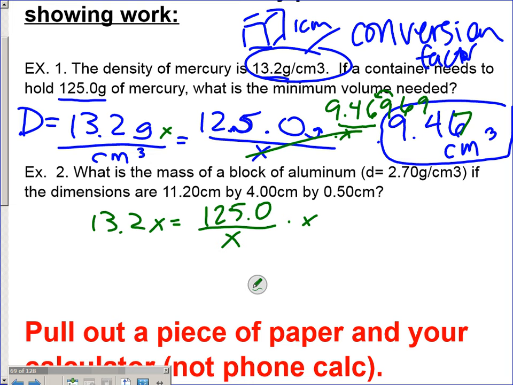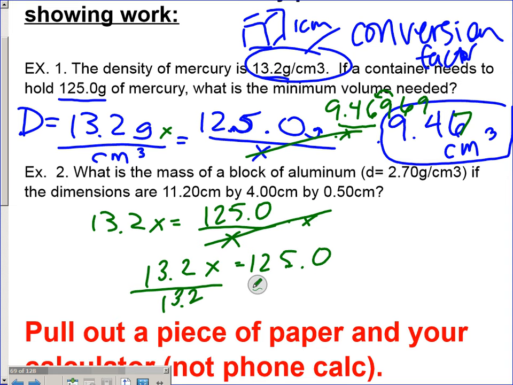Because now x over x, since they're the same thing, they can cancel out. So then technically you have 13.2 x is equal to 125.0. This is like algebra 1, right? Solving for x. So then to isolate x further, you would divide by 13.2 on both sides. So that's what Rishi said he did. 125 over 13.2 equals x, because this right here cancels out.